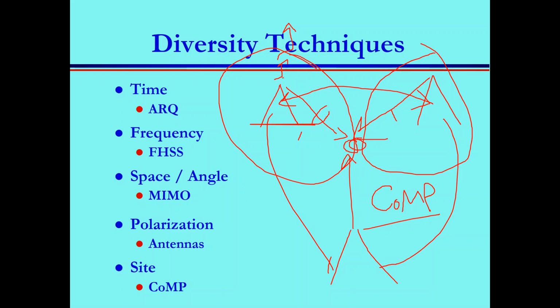Site gives you a totally independent channel in all measures: not only in fading, but in shadowing, in path loss, in interference. For example, between this and this, you might have one building. Between this and this, you might have three. Who knows? Geographical area. That's why the site is sometimes more powerful than having two antennas.